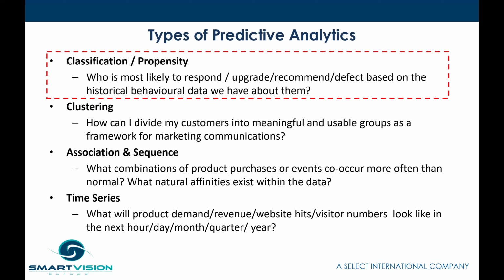Sometimes that could be products which are purchased within a store, or it could be assets that tend to fail, or component parts which tend to fail together, or even things like health comorbidities which tend to co-occur more often than normal. And lastly, we have time series, where we look at things like demand or a time trend. We're trying to extrapolate out into the future to forecast things like website hits or visitor numbers to an attraction, or revenue for a particular product, or rainfall or something like that over the next day, month, quarter, year, or so forth.